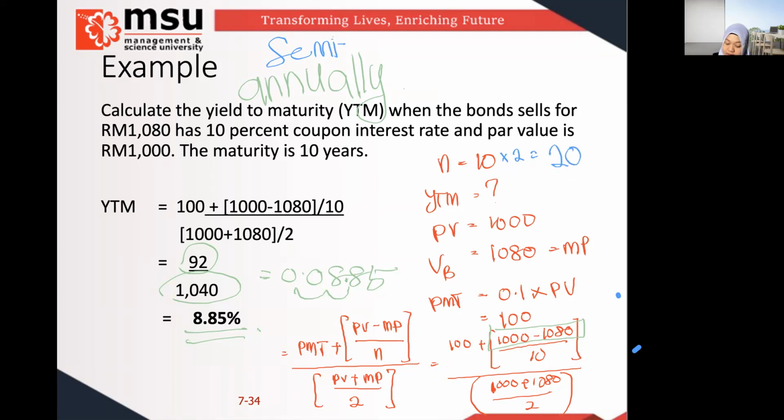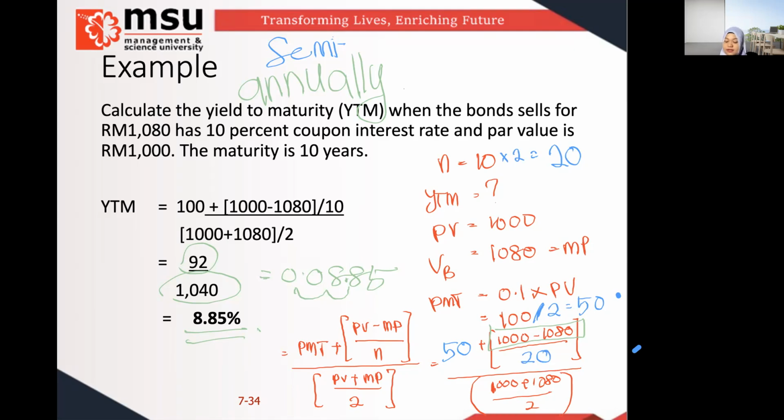And then payment we have to divide by 2, then it equals 50. Okay, so now here is 50, and here is 20.